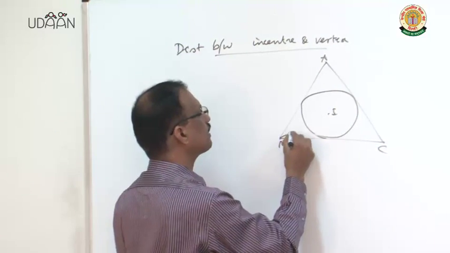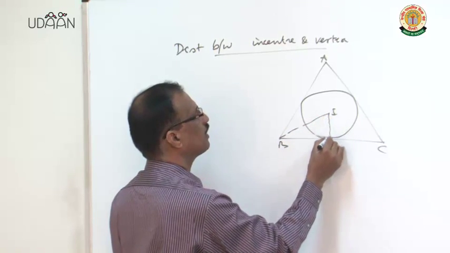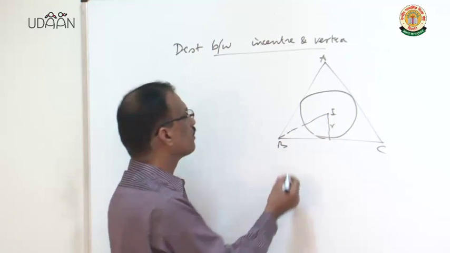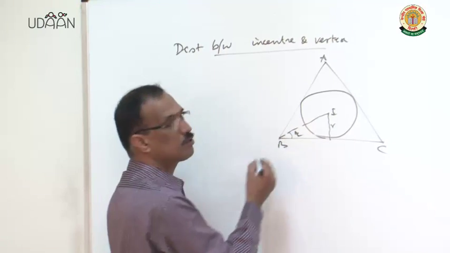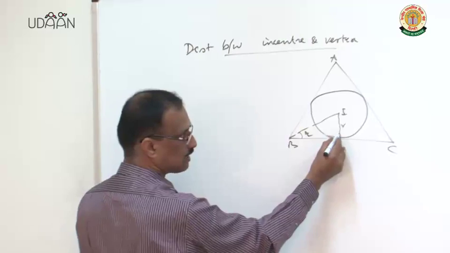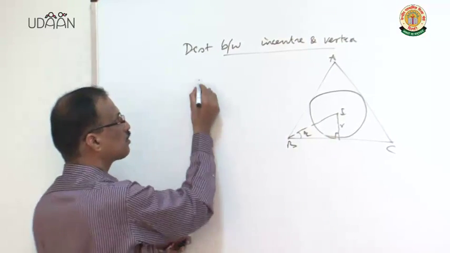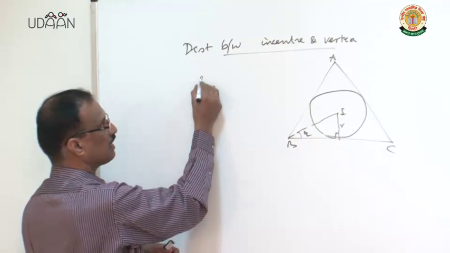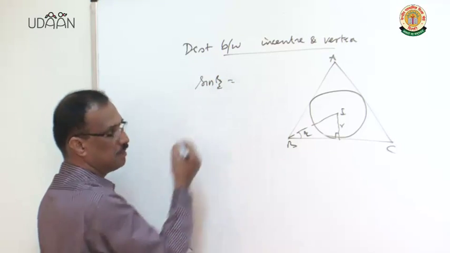So we want to find BI. This we know is r, and this angle is B by 2. If it is B by 2, what is BI? This angle we know is 90 degrees. So for BI we can take sine B by 2.